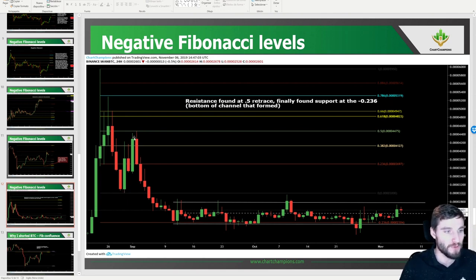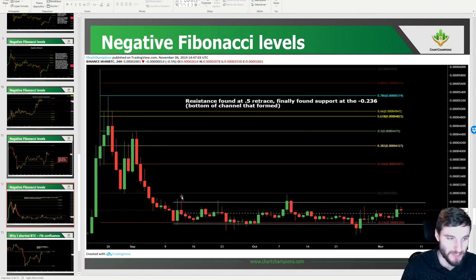You get the move up, which topped out at the 0.5 fib level. You see the negative 236 here, how long it supported price. You're talking a month plus of supporting price. So that negative fib level gave you the bottom of the channel.